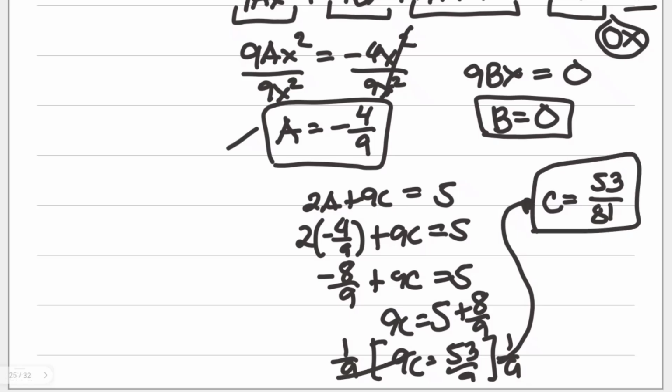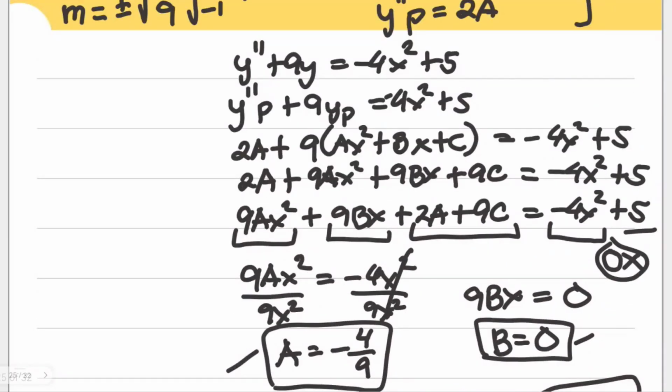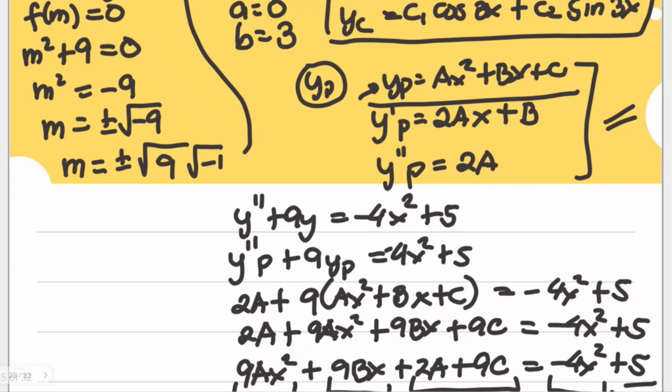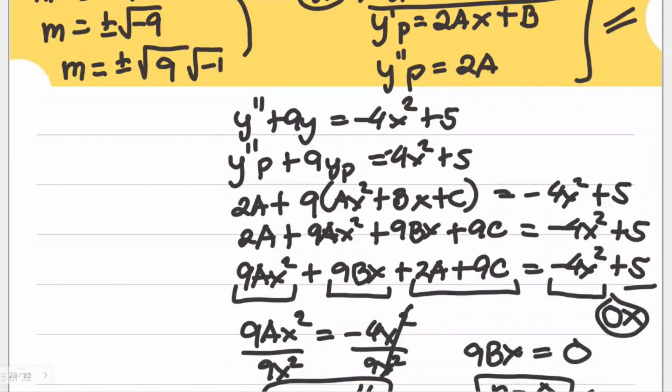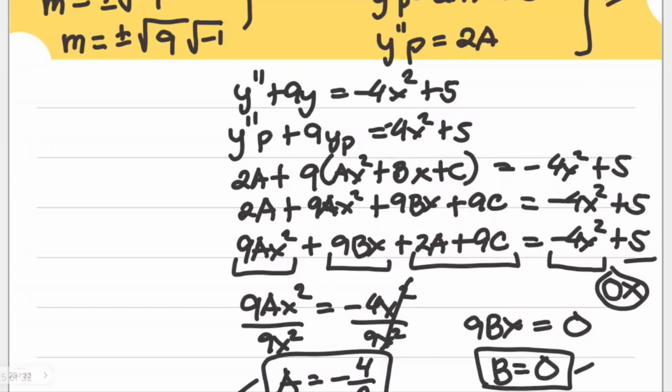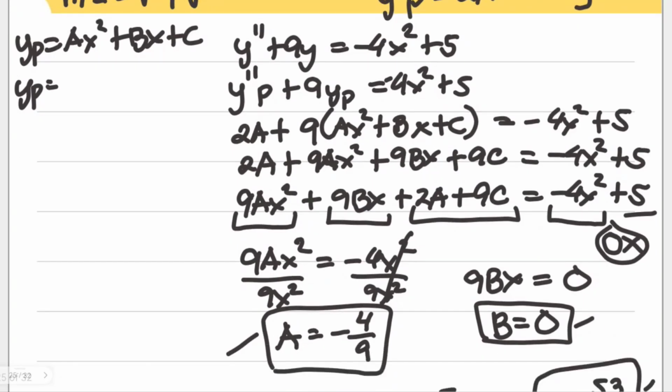We now have a, b, and c. And let's simply plug this in to the intended y sub p. So let me use the space here. I don't know if it's still enough. So y sub p is ax squared plus bx plus c. Our a is negative 4 over 9 x squared.